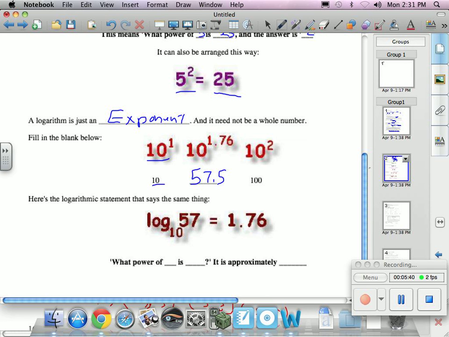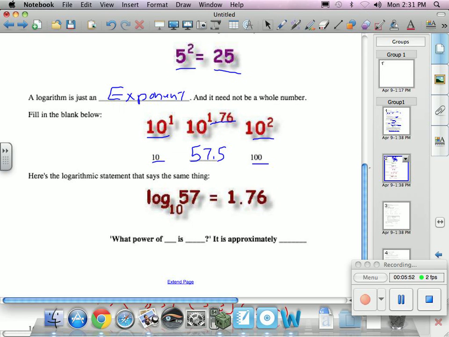And you can see that sort of makes sense because 10 to the second is 100, right? So 10 raised to a power somewhere in between those is going to be some number somewhere in between. Here's a logarithmic statement saying the same thing. Log base 10 of 57 equals 1.76. What power of 10 is 57? It is approximately 1.76.